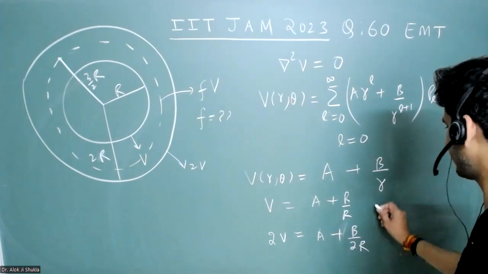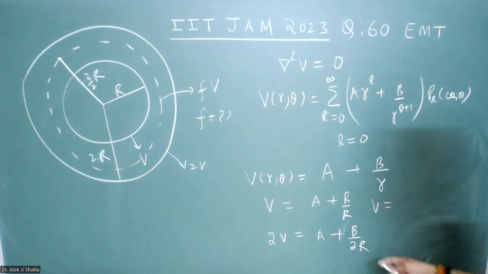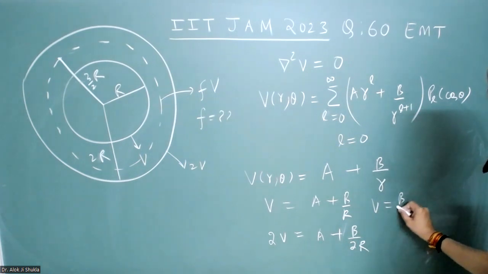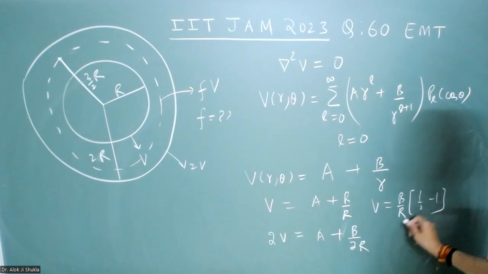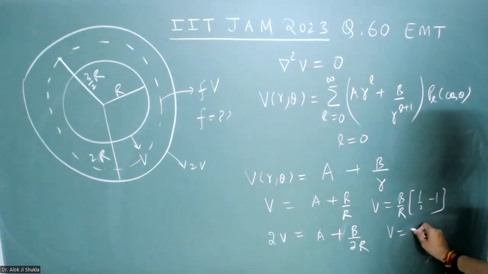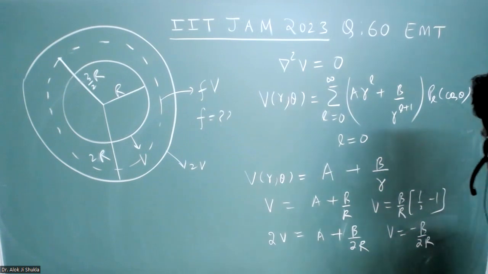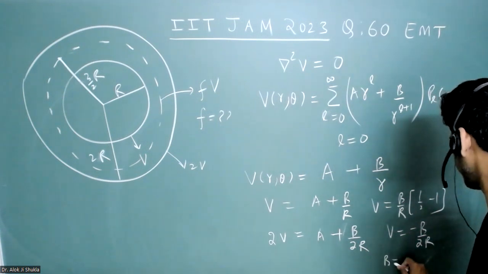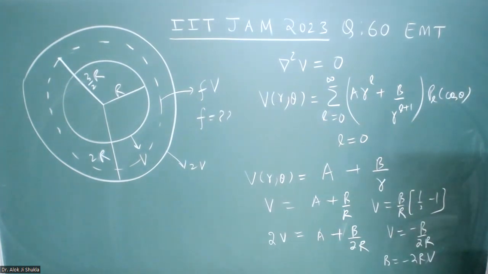So just subtract this. You will get V is equal to this minus this. So it will be B by R times half minus 1, which is V is equal to minus B by 2R. So you got the value of B from here. B is minus 2RV.